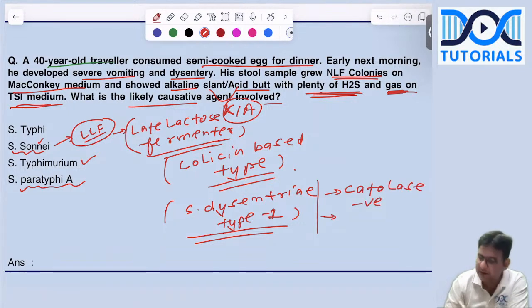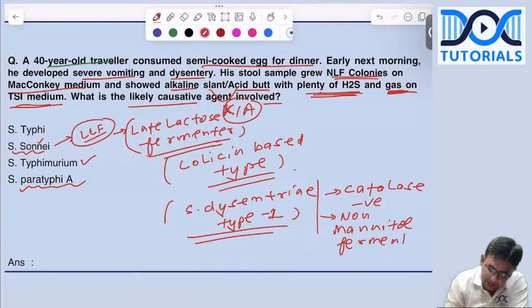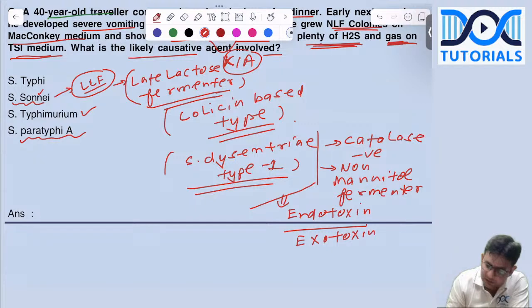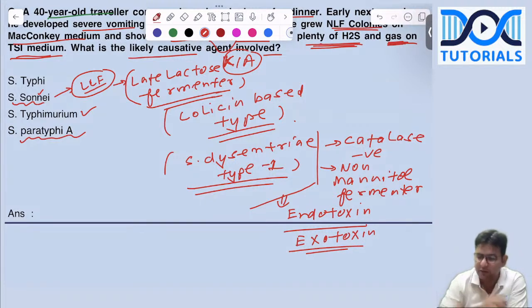Everybody says that they ferment mannitol; this one says I'm a non-mannitol fermenter. Everybody says that they secrete endotoxin because they are gram negative bacteria; this also secretes exotoxin. So this is the one which is the exception: Shigella dysenteriae type 1.